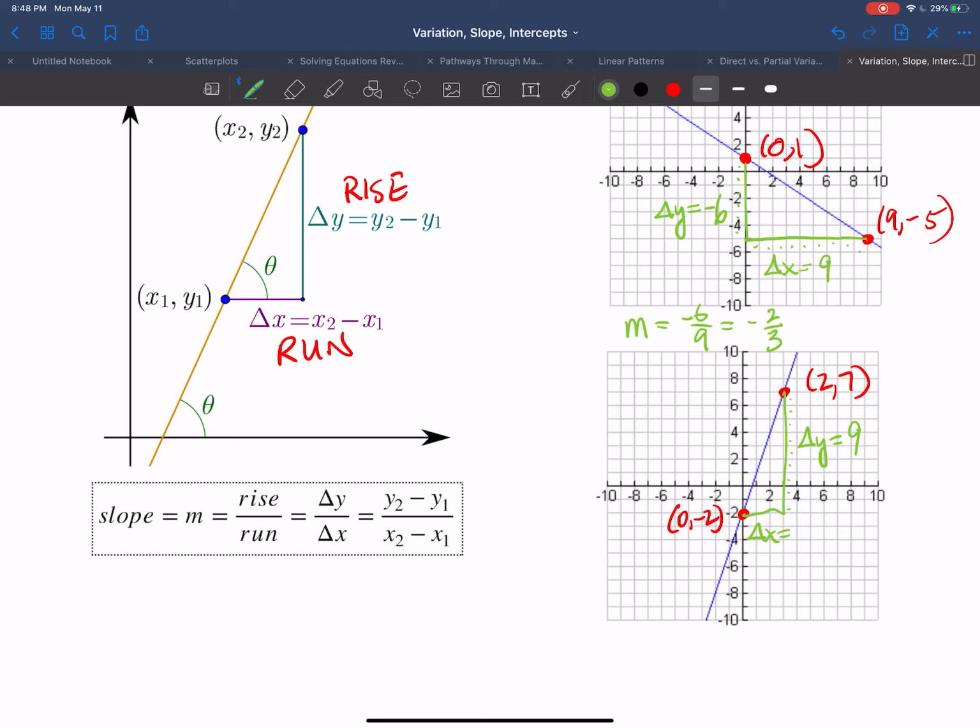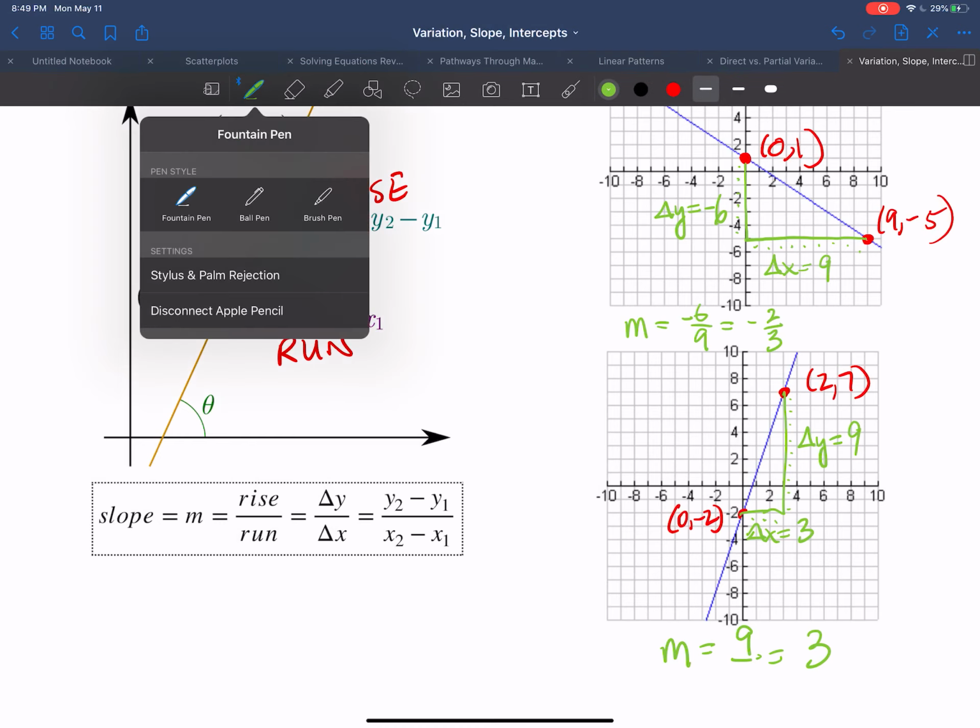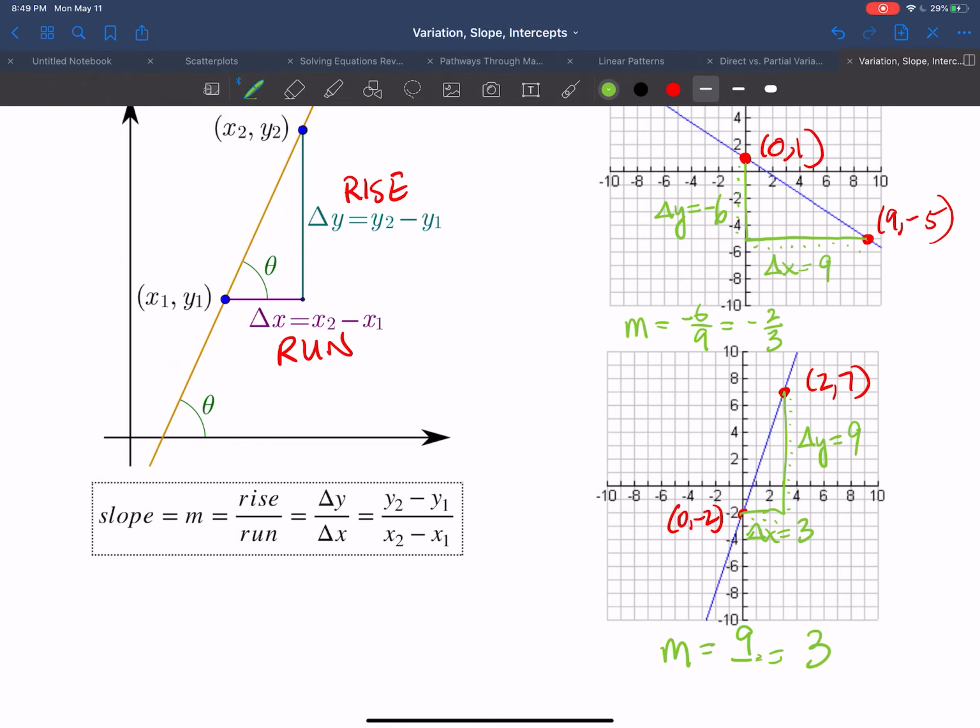My run is 1, 2, 3. So my slope, or m, is delta y, 9, over delta x, which is 3. And if I simplify that, that is 3. So the slope of that line is 3.